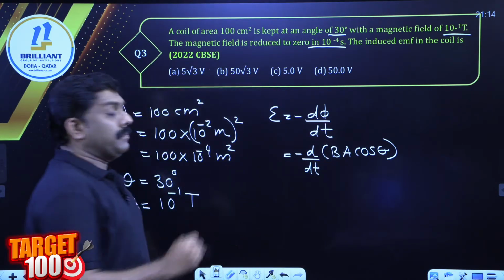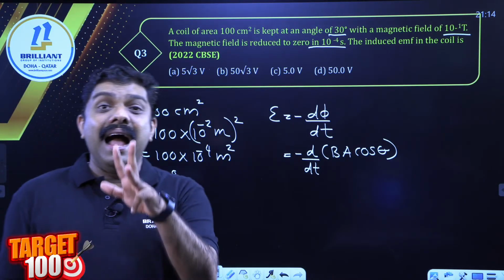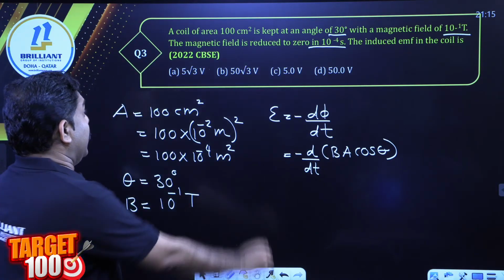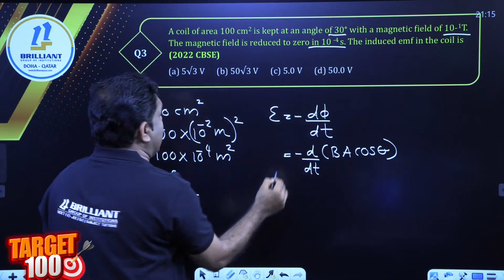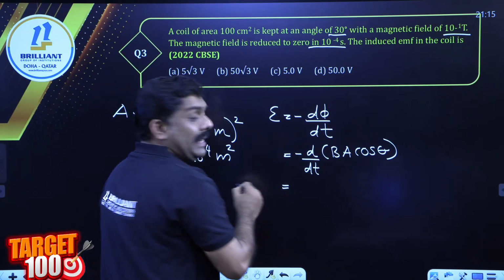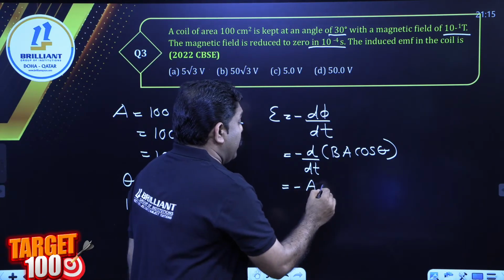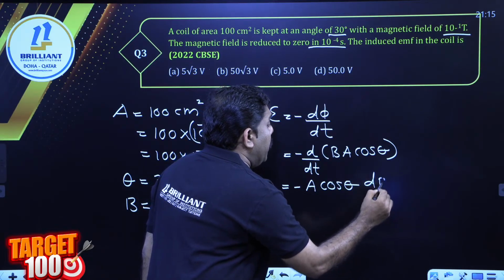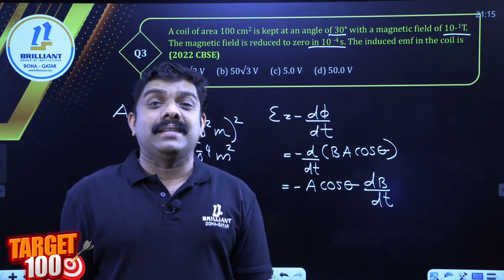Here the area is not changing and the angle is not changing, but the magnetic field is changing, because it is reduced to 0 and the time interval is given. So I can take the area and cos theta outside, and then it is dB by dt.